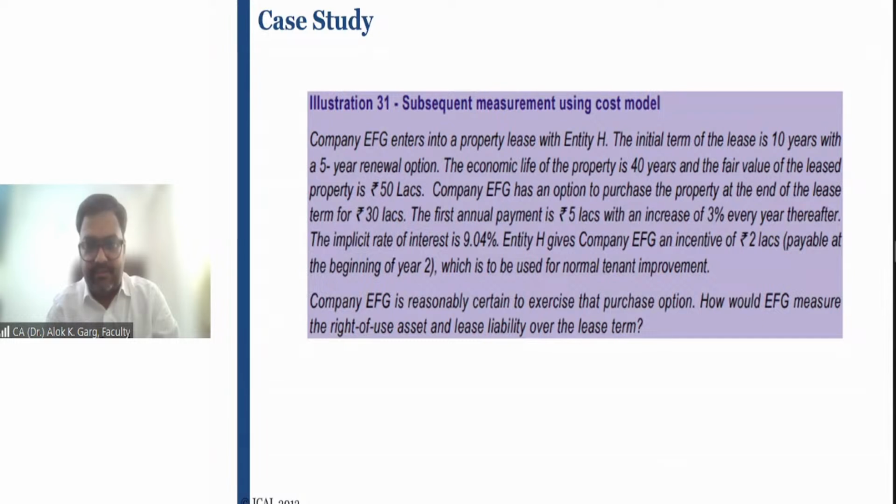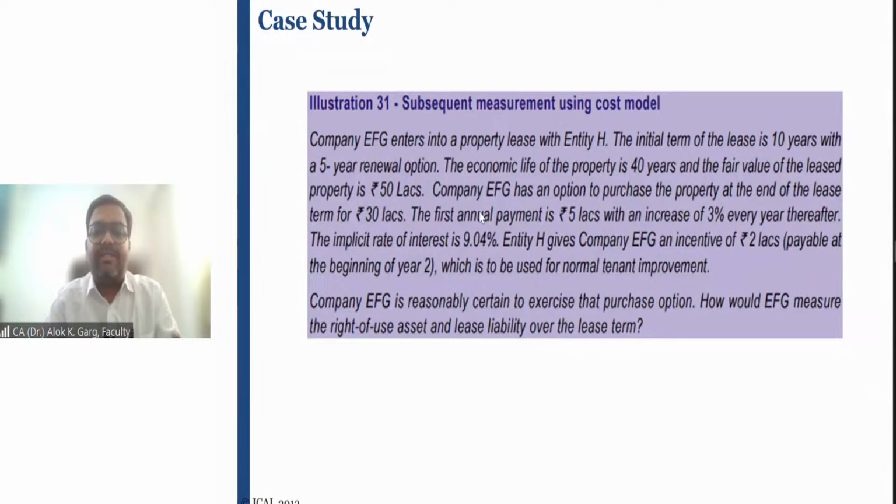The implicit rate of interest is 9.04%. Entity H gives company EFG an incentive of 2 lakh payable at the beginning of year 2, which is used for normal tenant improvement. Company EFG is reasonably certain to exercise that purchase option. What is the lease liability and right of use asset in this particular case?